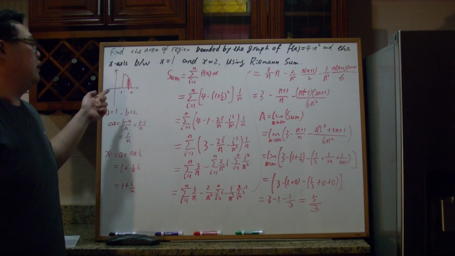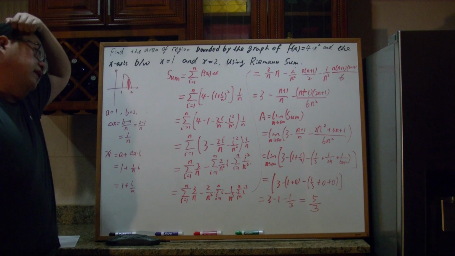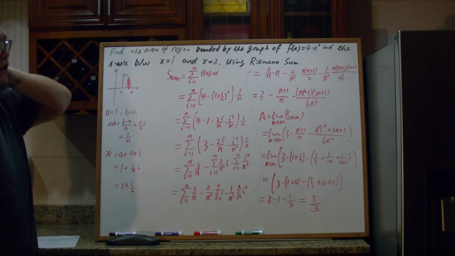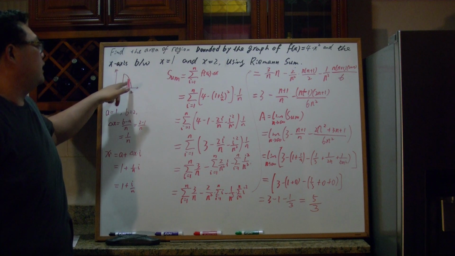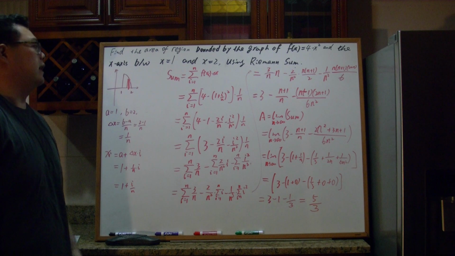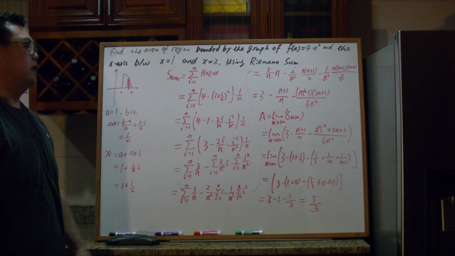Of course, you could have different ways to sum it. Maybe the left sum, or maybe use the trapezoid rule. That's also appropriate. It's not using the rectangle, but using the trapezoid to find the area, summing those trapezoids and taking the limit.